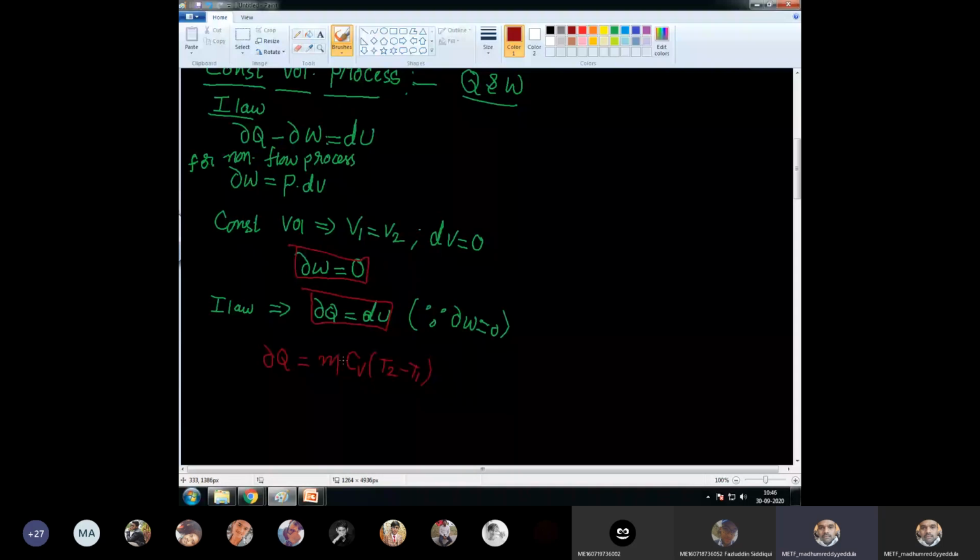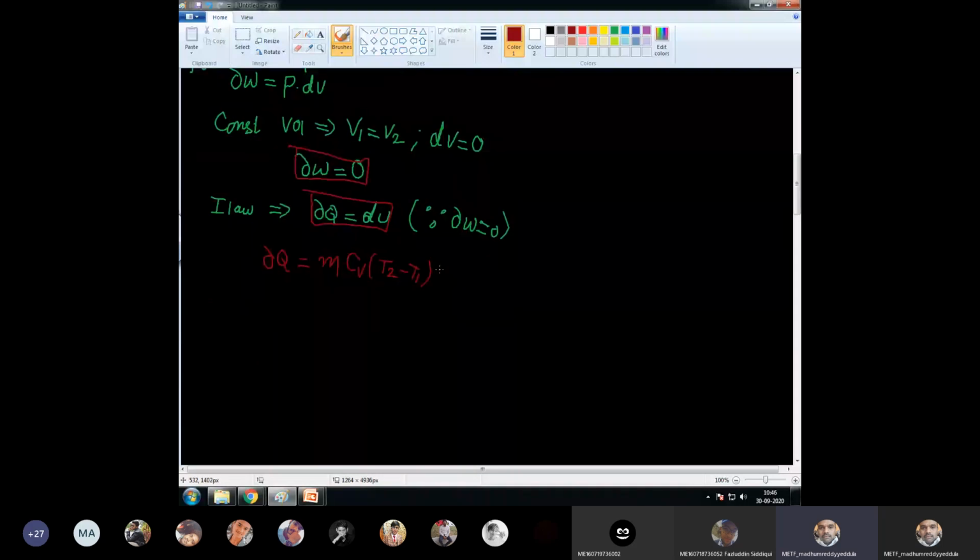This can also be written as M into CV into dT. Please ask me if you have any doubt in any step. Very, very important. Among 4 derivations, 1 derivation will come for an essay in the final exam: heat and work interaction for any one of the processes.